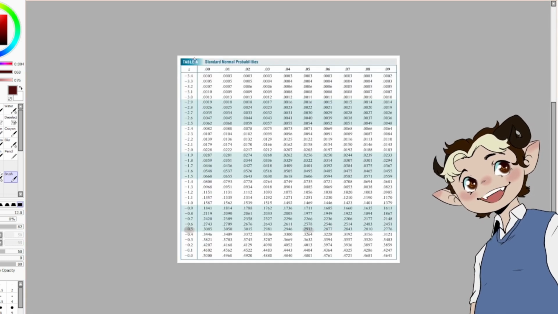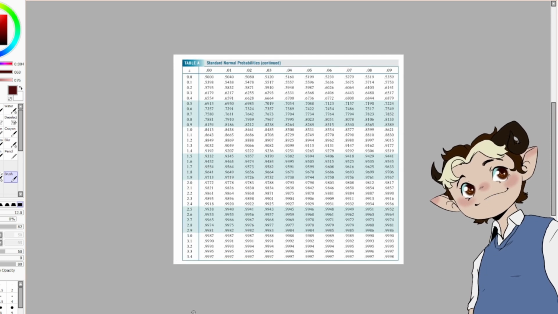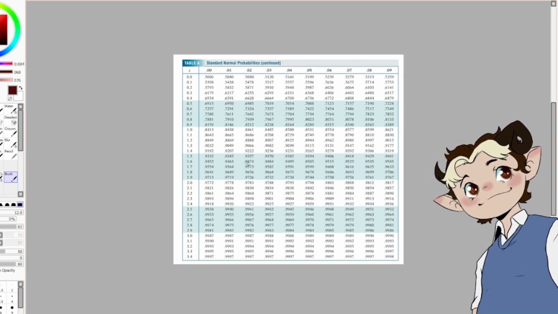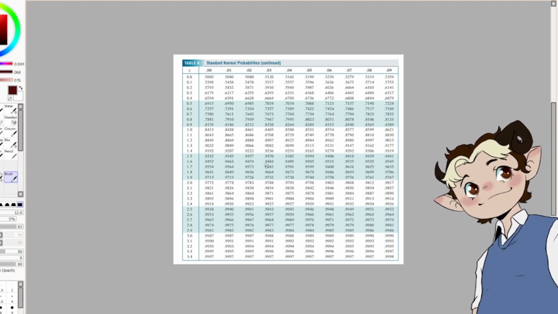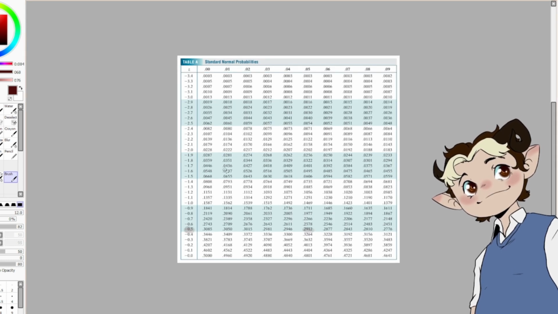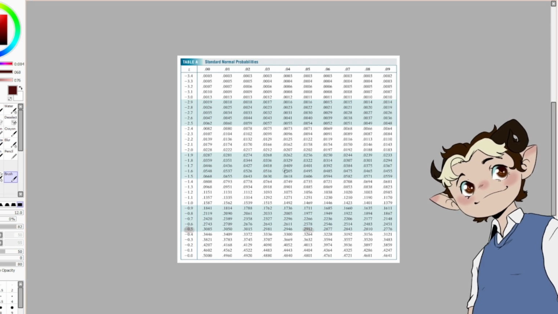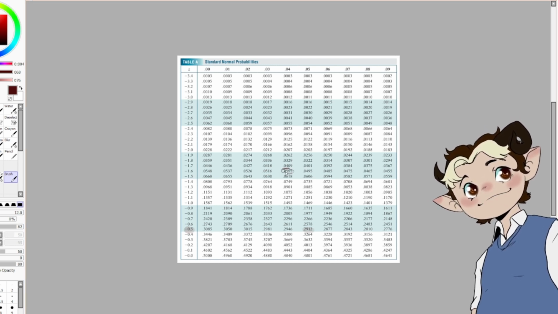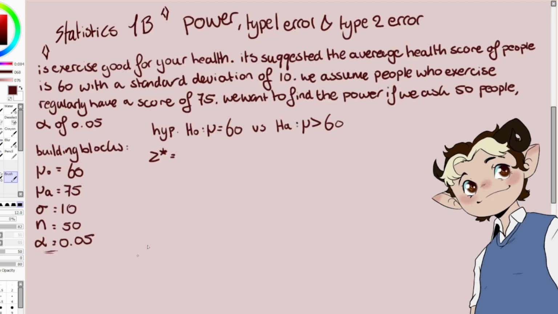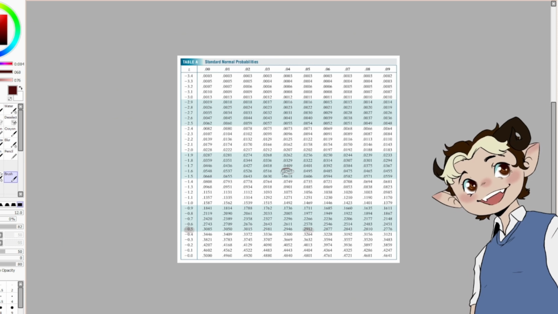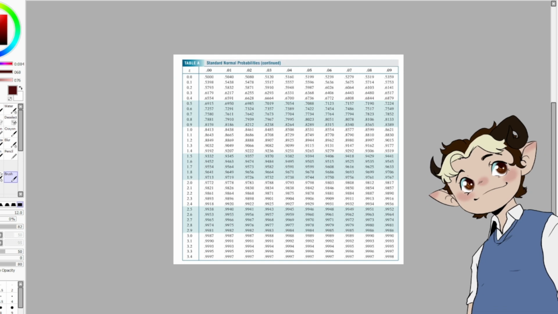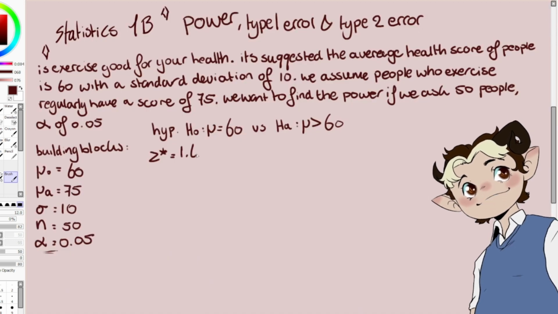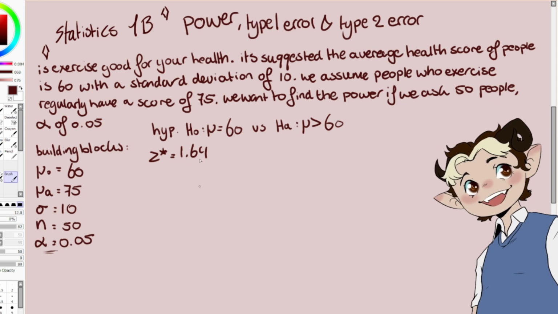Well, we can look at our tables, and we find that for this much confidence, because that is the same as the 0.05, that would be 1.64. So 1.64 is our z value.